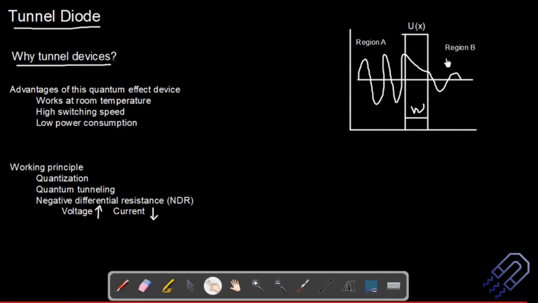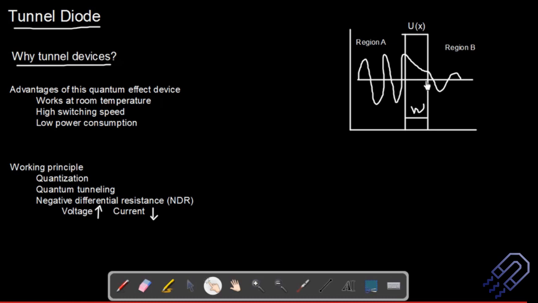In region B, we have the free electron, but in region A it is a bound electron. To cross this potential barrier from one side to the other, in the tunneling effect the height is less important and the width is more important. Depending on how much width it has to cross, you get your tunneling current.